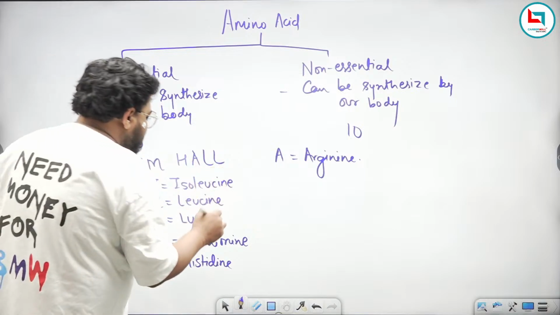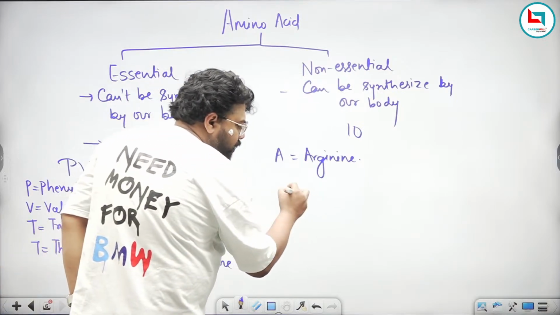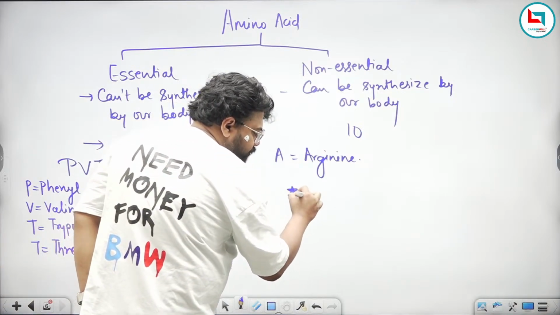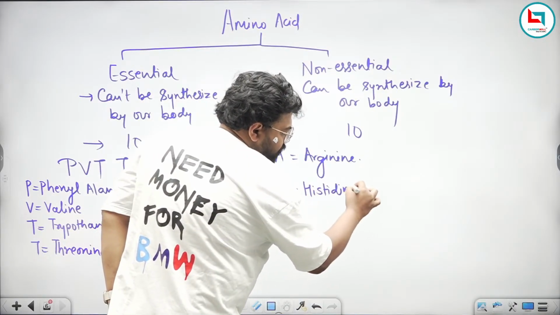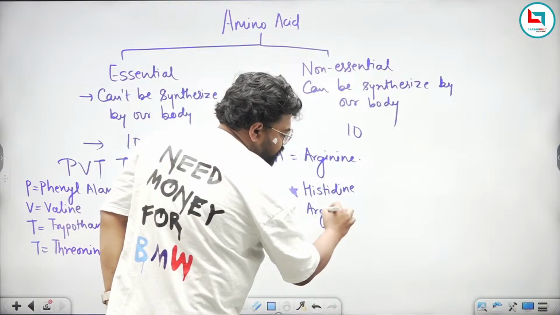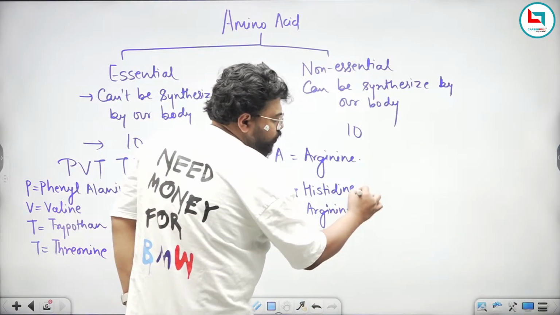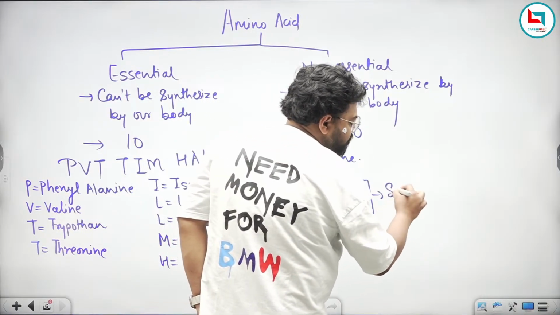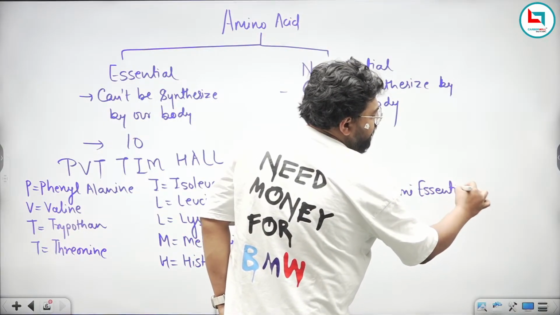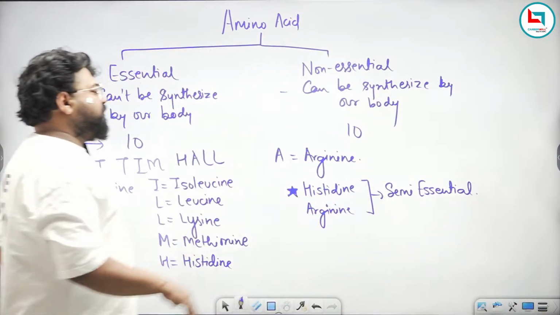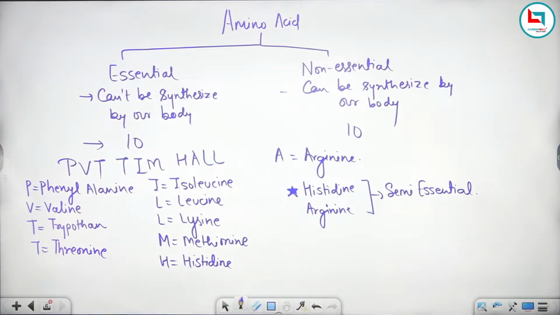But in reality, histidine and arginine are said to be semi-essential. Why do we call them semi-essential? Because before 16 years, these amino acids are not synthesized by our body. That's why the number of essential amino acids is 10 and the number of non-essential is also 10.